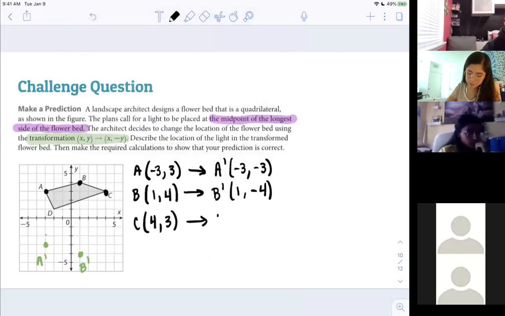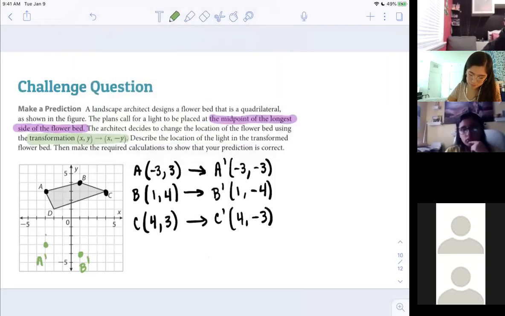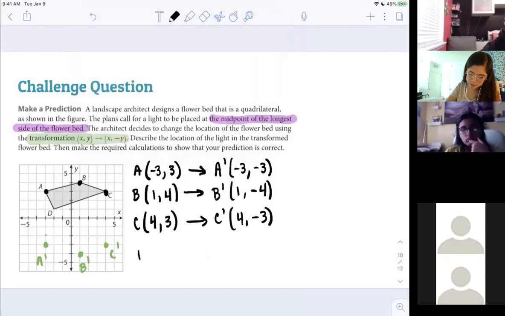I'm going to flip the y, so this becomes (4, -3), which is over here. And finally, I've got D. D started out at (-2, 1), so it's going to end up at (-2, -1).